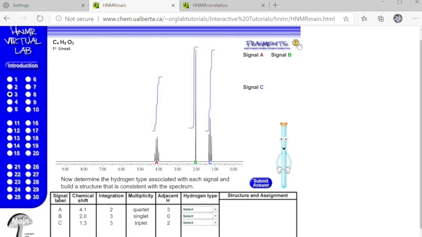So I want something that itself is 2 hydrogens, because that's the integration, and has 3 nearest neighbors, and is shifted by an oxygen. So let's see what we have in here.